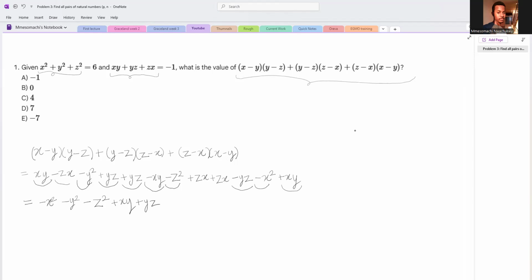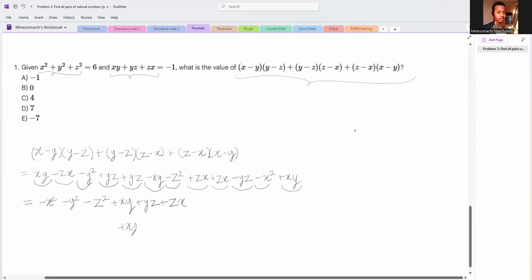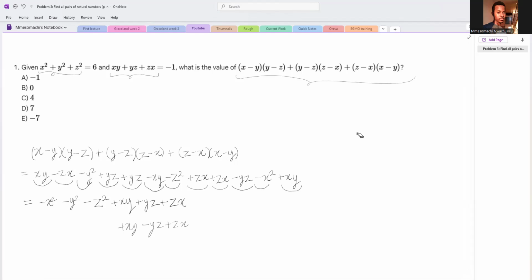And then we have minus zx plus zx plus zx, and this is going to be plus zx. So we can see the symmetry here: plus xy plus yz plus zx. We didn't have something like, say, plus xy minus yz plus zx, as this would have broken the symmetry.